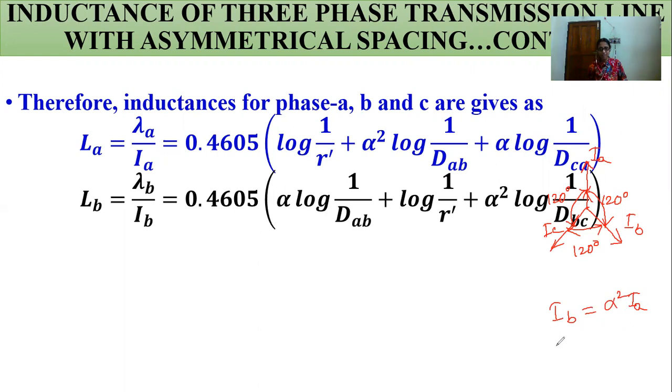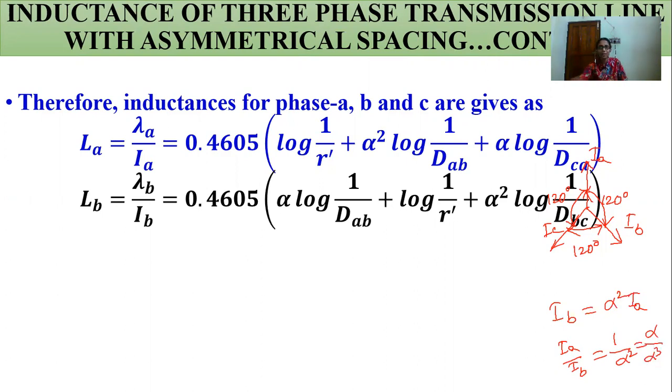And again, there was IA, while we are considering lambda B divided by IB. IA divided by IB will be 1 by alpha square, that is alpha by alpha cube equals 1.